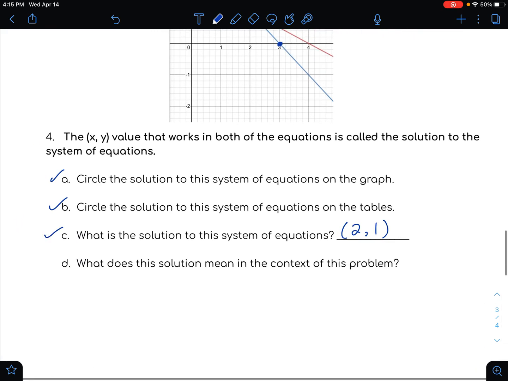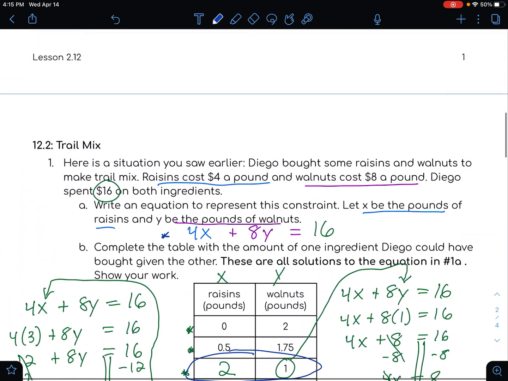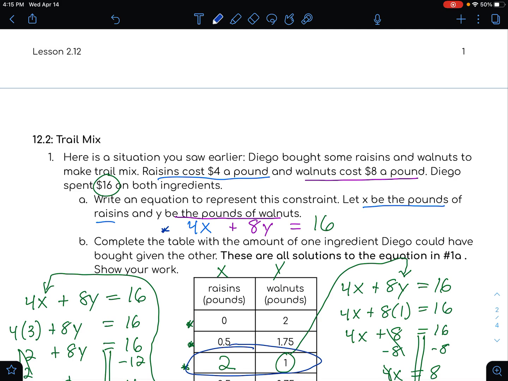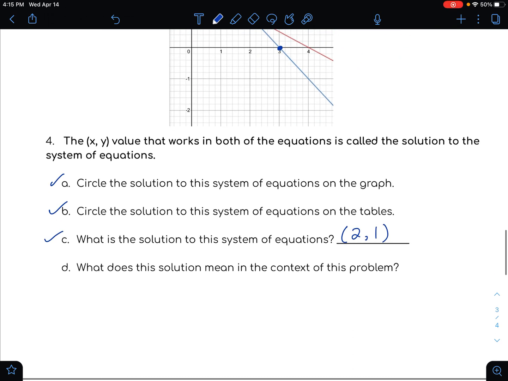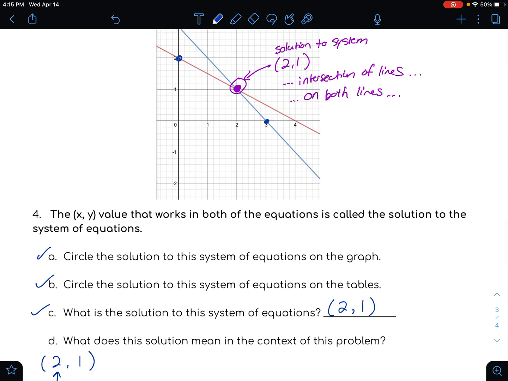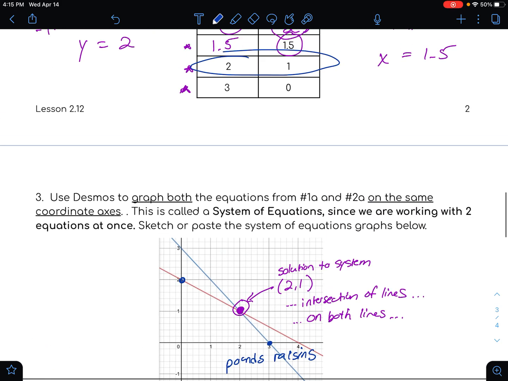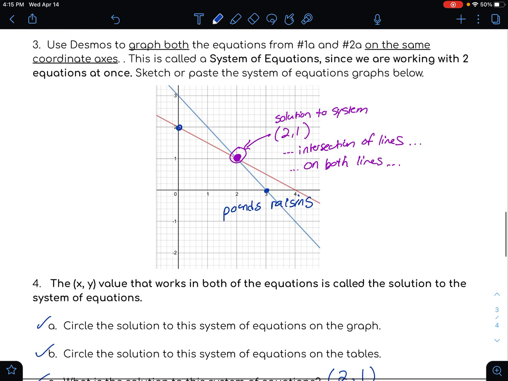So what does that mean in the context of this problem? Recall, we were talking about pounds of raisins and pounds of walnuts. Remember the x value, and let's actually write this on our graph, was pounds of raisins. That was what was on our x-axis. That was our x variable. And then our y variable was pounds of walnuts.